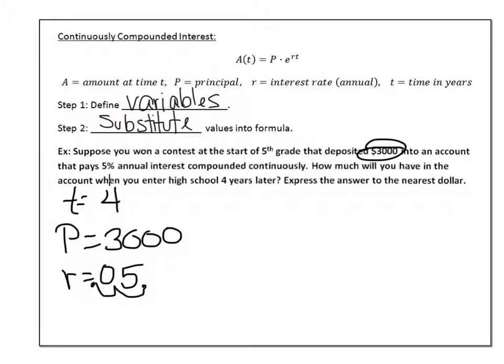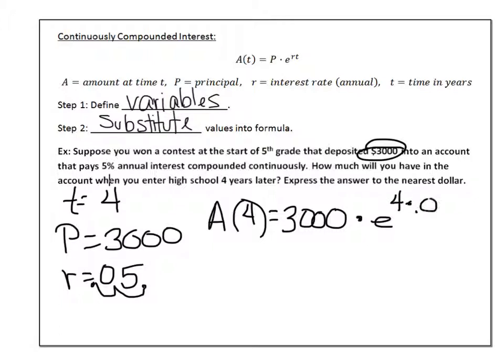So the rate is 0.05. So here we've defined our variables. So now we're going to substitute these in. So we have A of 4, which means the amount in 4 years, is equal to 3,000 times e to the RT, which is 4 times 0.05.